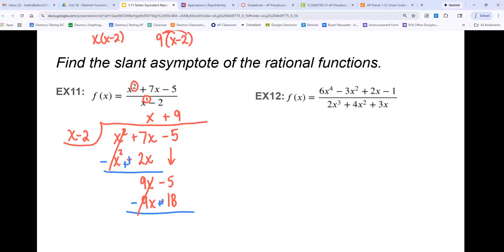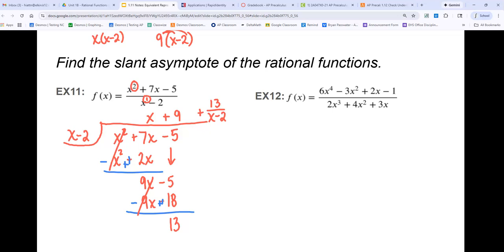Negative 5 plus 18 is going to give me 13. I don't have anything to bring down. I also can't divide again because nothing times x is just going to give me a 13, not without using negative exponents, which we do not want to get into, right? So this is just my remainder here. So I could write this as 13 over x minus 2.